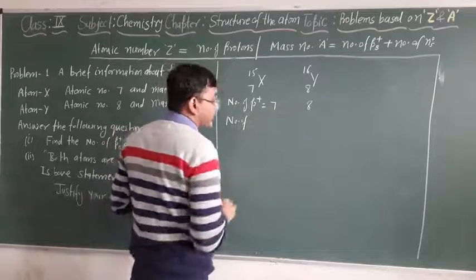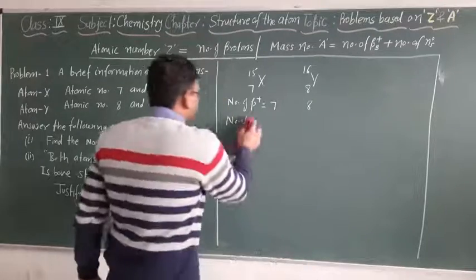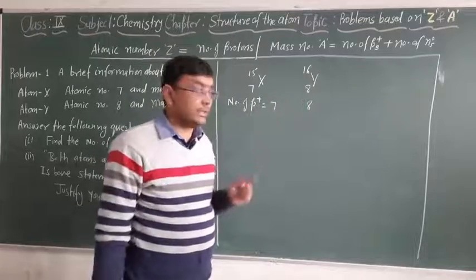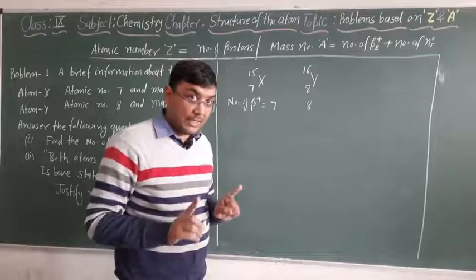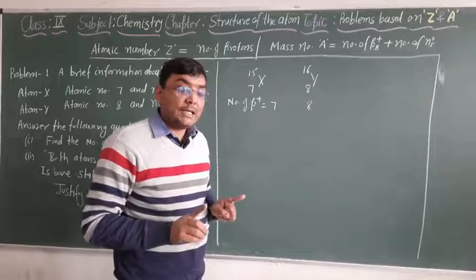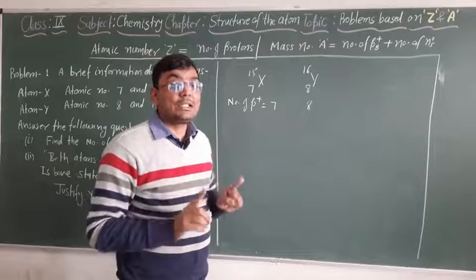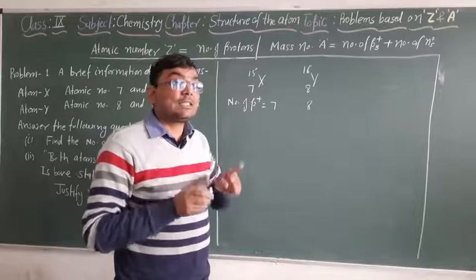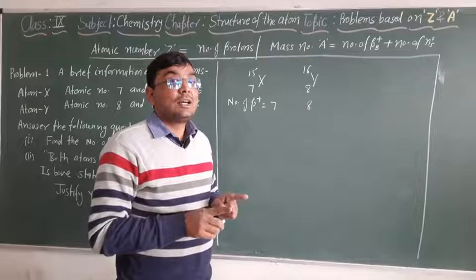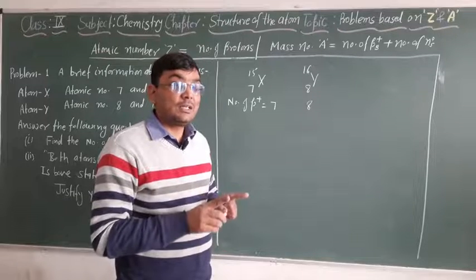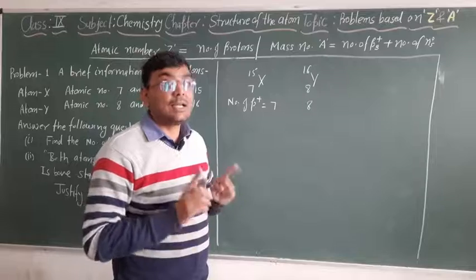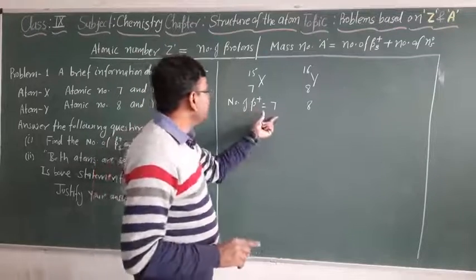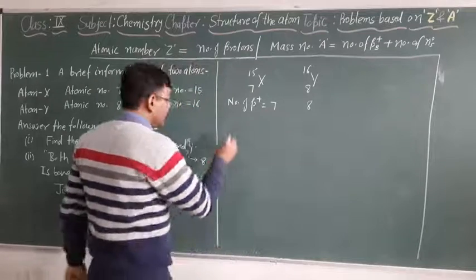Since the number of protons is different in both atoms, and as we know the number of protons is the characteristic property of an atom, if a group of atoms has the same number of protons, all are the same. If the group of atoms has different numbers of protons, all are different.